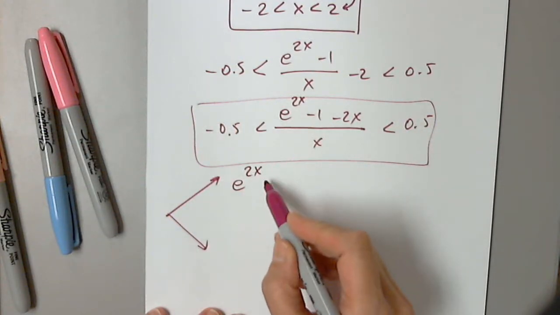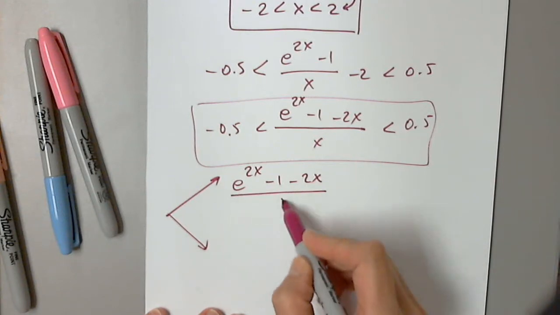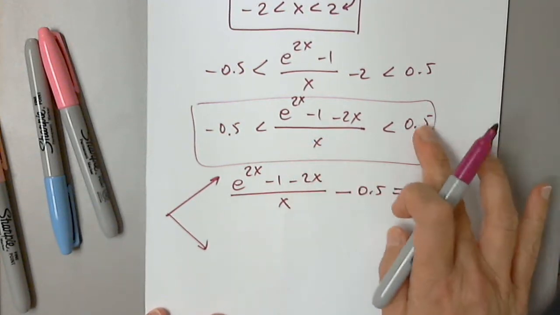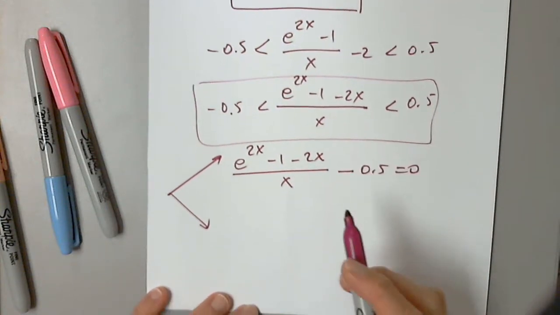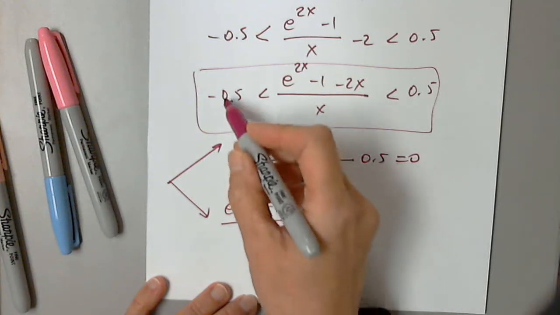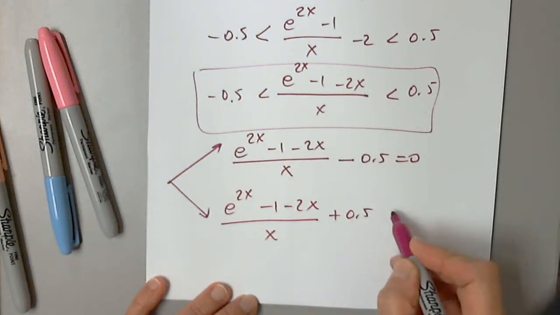So e to 2x minus 1 minus 2x over x minus 0.5 equals 0, which is this equation moving 0.5 to the left. And e to 2x minus 1 minus 2x over x, moving this to the other side, plus 0.5 equals 0.